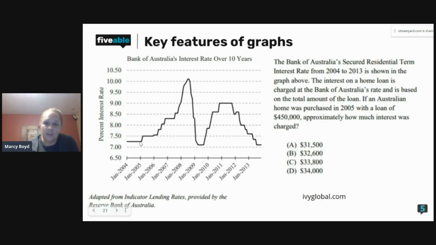Since they didn't tell us where, they just said that it was a 10-year period. And we said that this was the first year, from January to January. So I said, all right, if this is January, then we don't have to look at that part. So the idea here is, since I don't know when, the lowest interest amount that I could be paid is B. The next possible would be C.